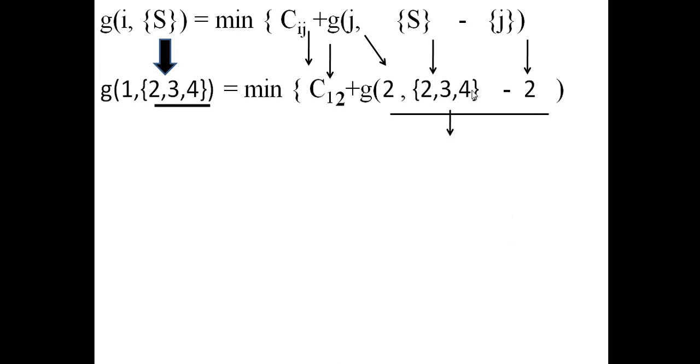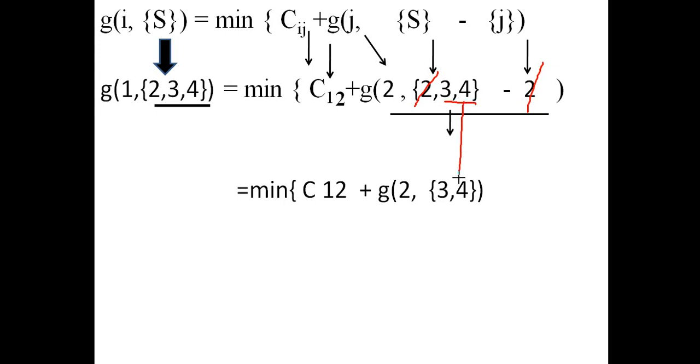Now S values are 2, 3, 4. You have chosen only 2 as j, so you write 2. Now 2, 3, 4 minus 2: we just exclude 2.